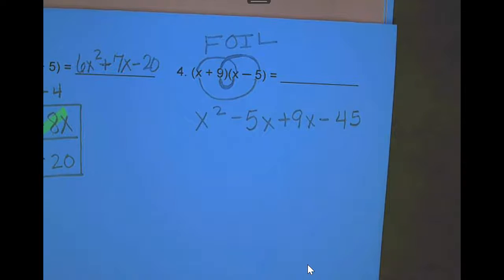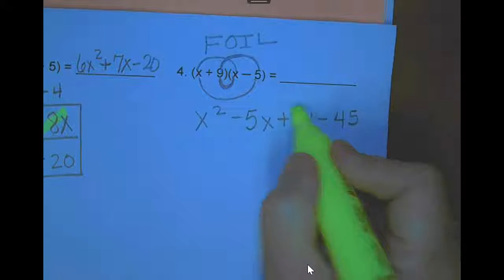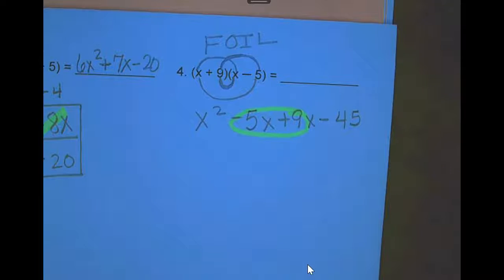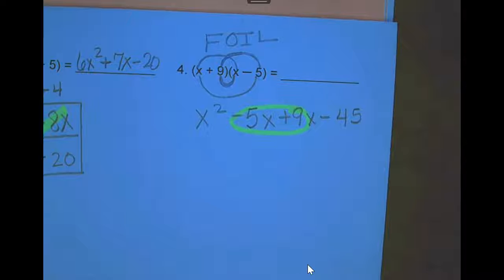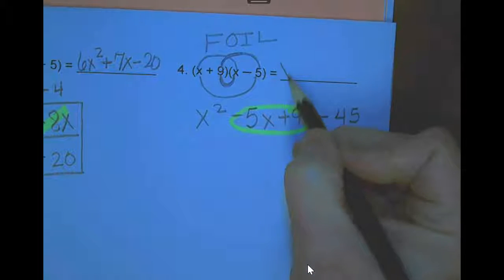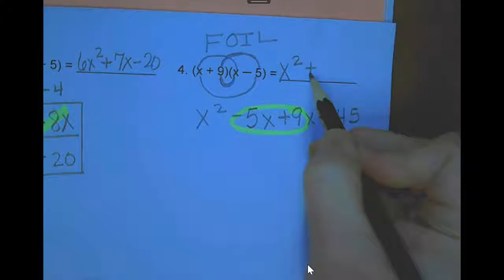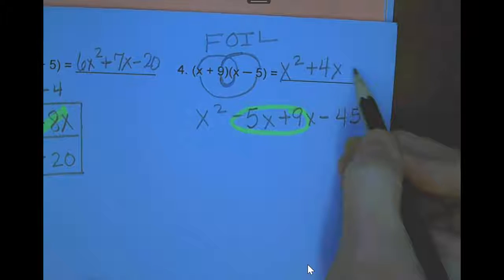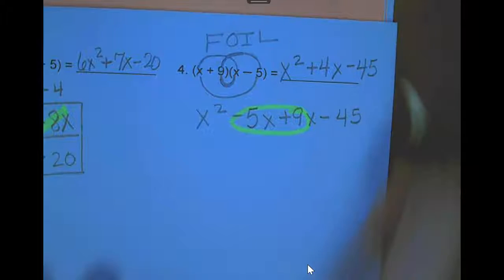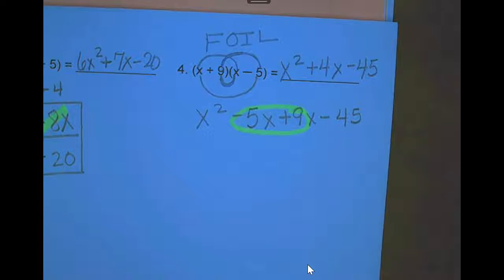Just like on the box problem, you have to combine like terms. But often, students get confused with all these lines going all over the place about what they're supposed to multiply to each other.